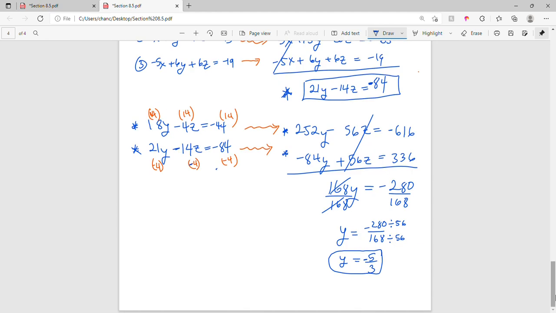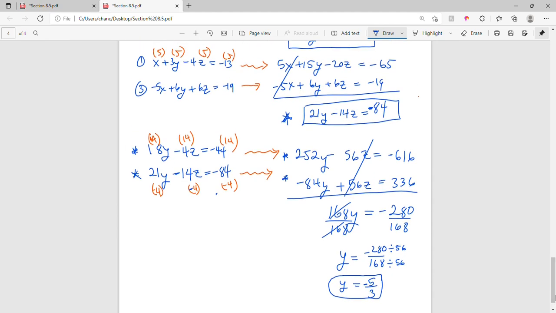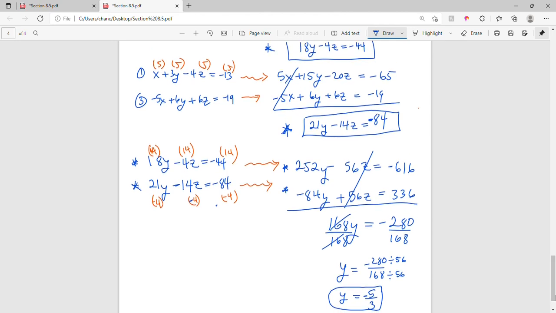Now we can plug in that negative 5/3 into our equation here to solve for z. So which one is easiest to use? It looks like I'm going to use this equation here because 18 has a multiple of 3 in it, and so that's easy to use. 18 times negative 5/3 minus 4z equals negative 44. The 3 reduces to a 1, and the 18 reduces to a 6.